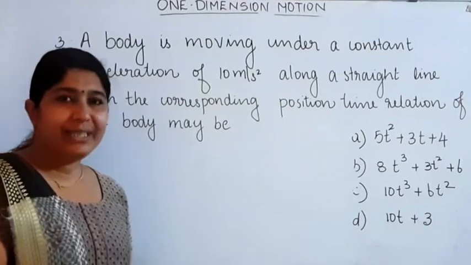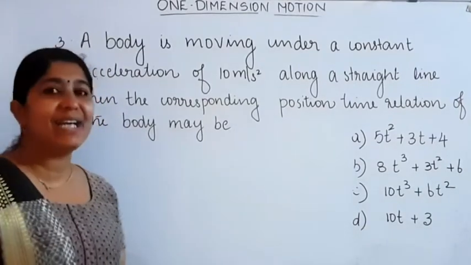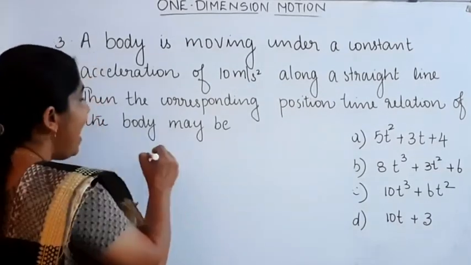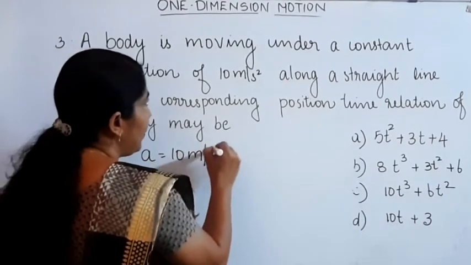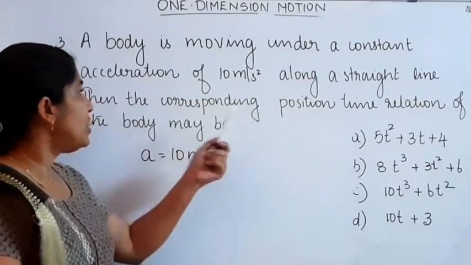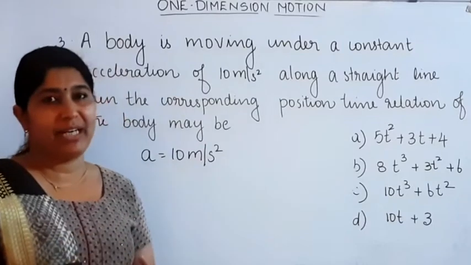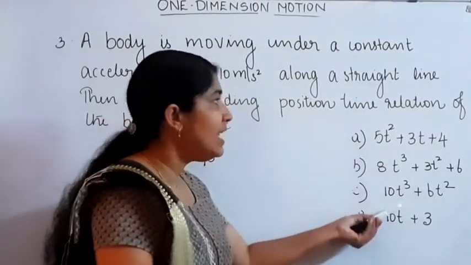Our third question is, a body is moving under a constant acceleration of 10 meter per second square. The acceleration of the body is given: acceleration is equal to 10 meter per second square. Along a straight line, then the corresponding position time relation may be. We want to find the position time relation, which is given in the options.